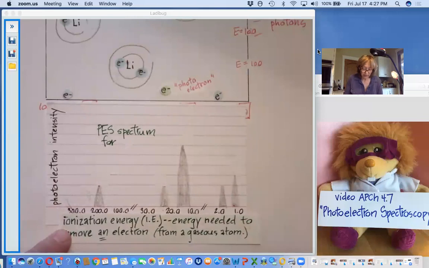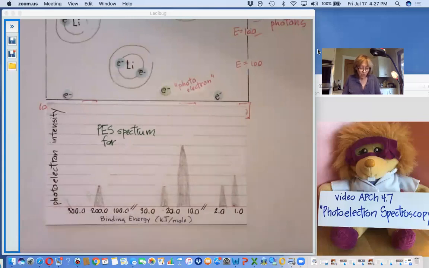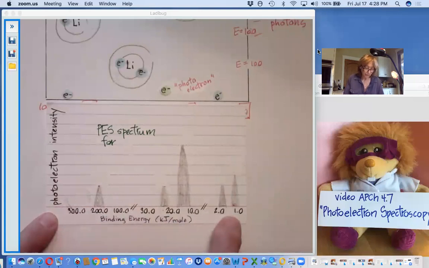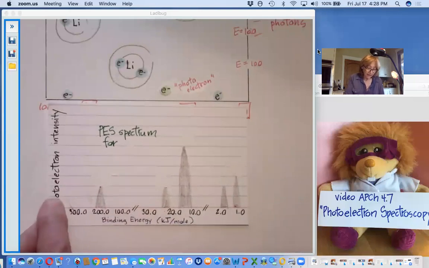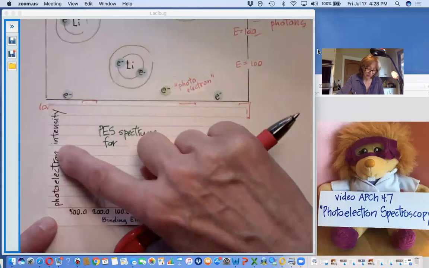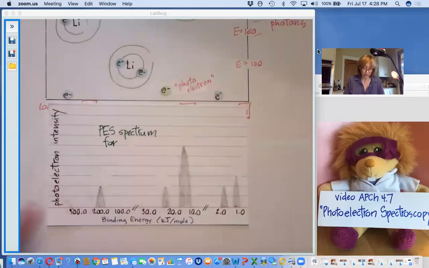They're essentially the same thing. Notice that that axis is always numbered kind of backwards, with the bigger values at the left working its way down to the smaller values. And then the y-axis is photoelectron intensity. How many dislodged electrons are observed?